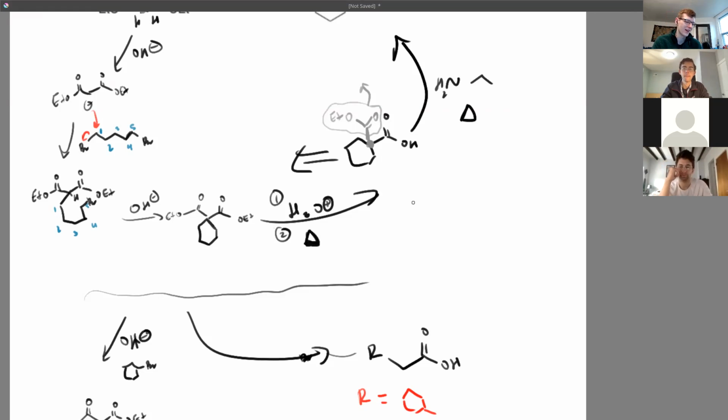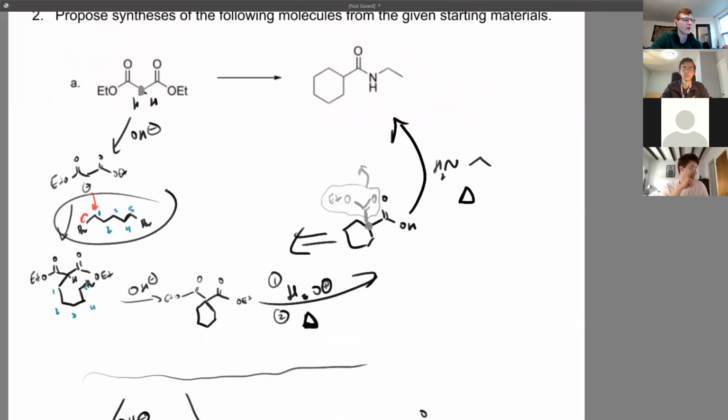I also think this is well into the course, almost the end, where they might ding you a little bit, but if you figured out this part of the synthesis and all of the rest of it, and you forgot this kind of minor detail, I don't think anyone's gonna give you a really hard time about that.